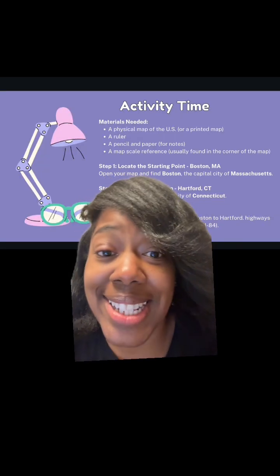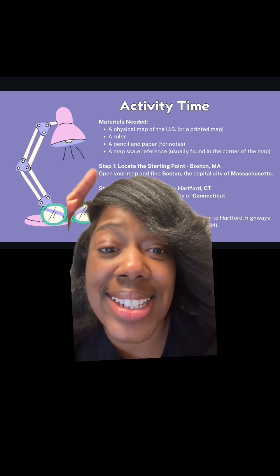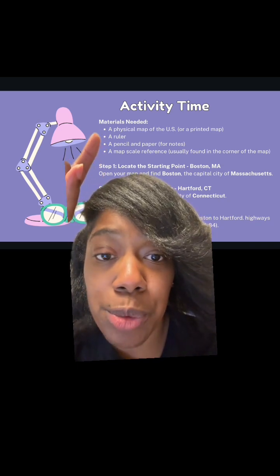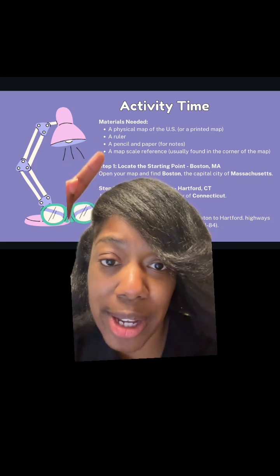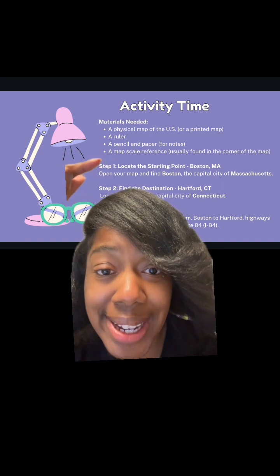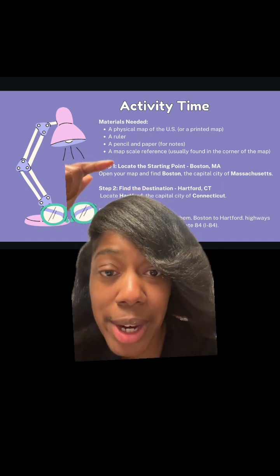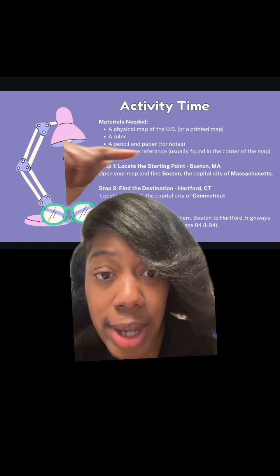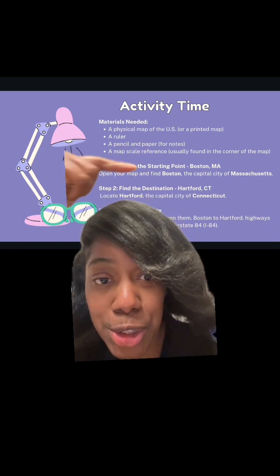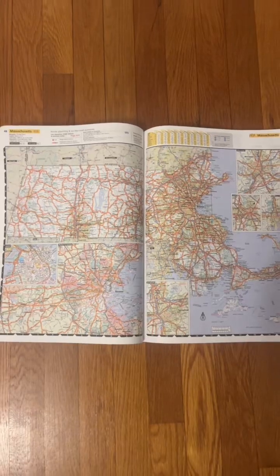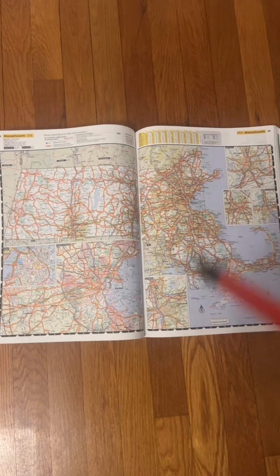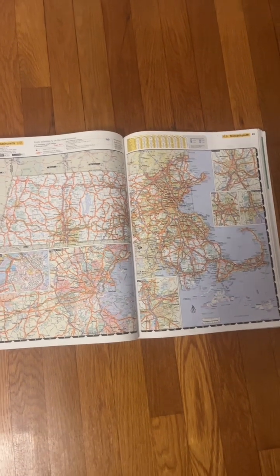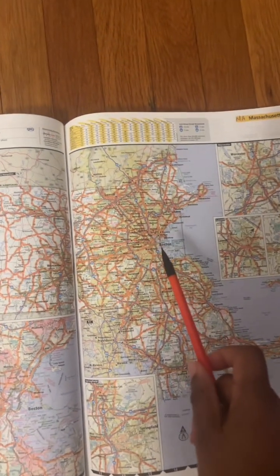So now it's activity time, and you're gonna grab a physical map, a ruler, a pencil and pen, and use your map scale for reference. Since I am from Massachusetts, we are going to locate Boston and go on a trip to Hartford, Connecticut. So here is the physical map and the map of Massachusetts, and we are going to find Boston.